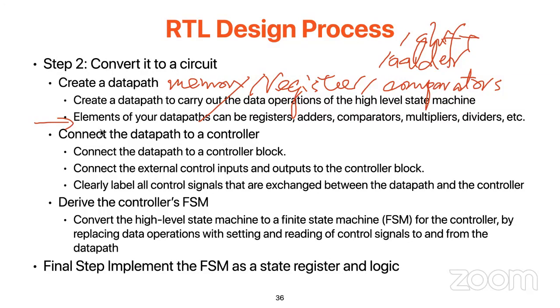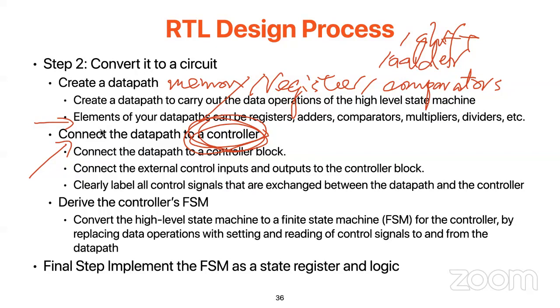And then connect the data path to a controller, which we didn't talk that much about. The state machine describes the state transition of the controller and how we define the behavior of each data path element at any given moment. So that's the second stage. First of all, you have to think, if I want to implement this circuit, what are the data path components that I need?